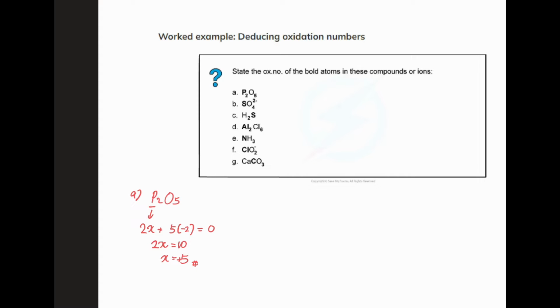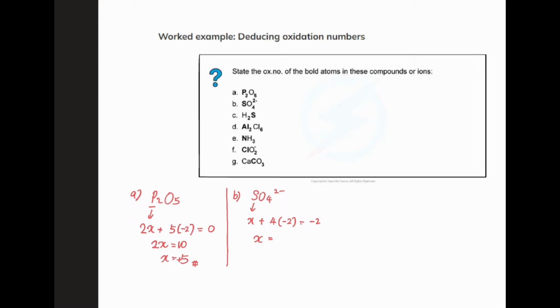I'll put one more example first, and for the rest I'll let you try. SO4 2-. Let's say you don't know sulfur, you call it X, and oxygen is -2, four of them. The overall charge is -2.